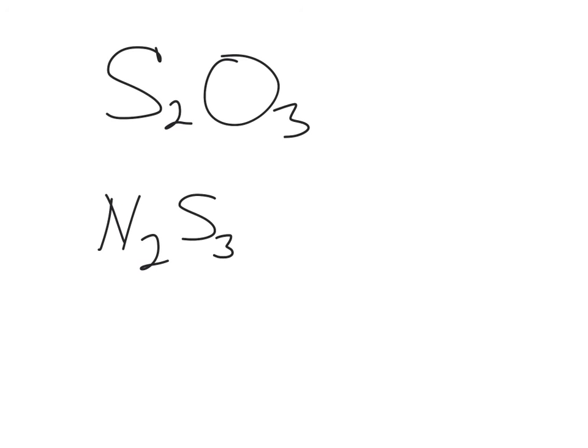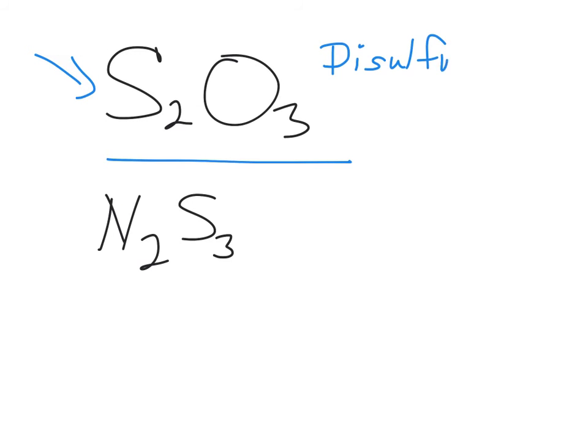So now, is your first element a nonmetal? Yes, because sulfur is a nonmetal, right? So how am I going to name this? Disulfur trioxide. Okay, very good.